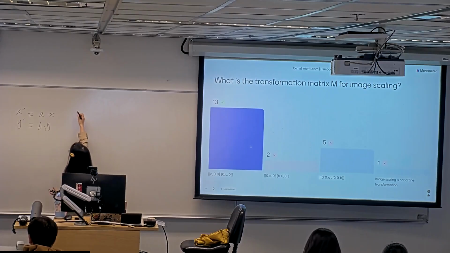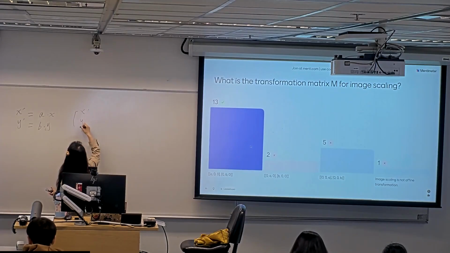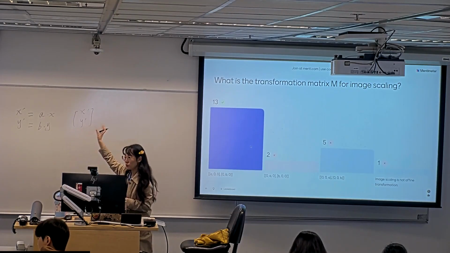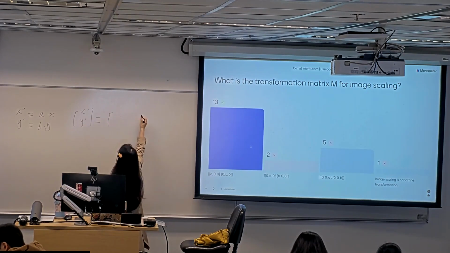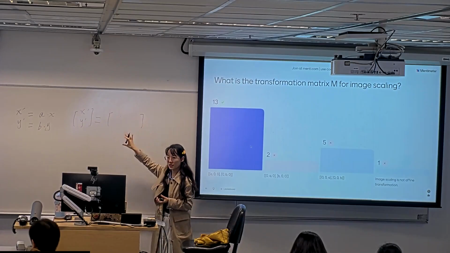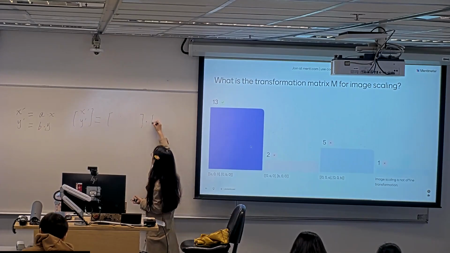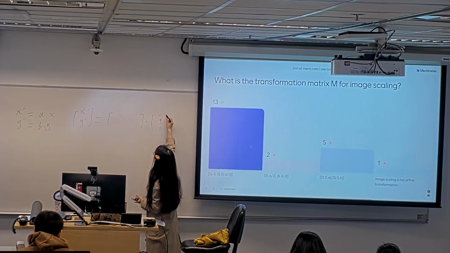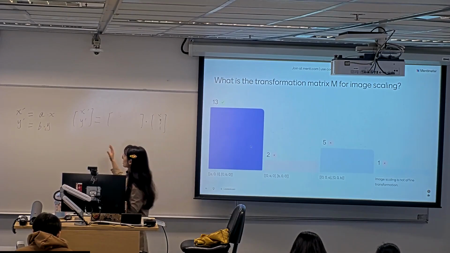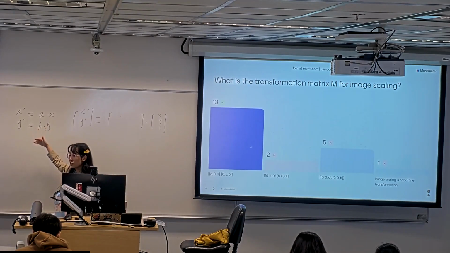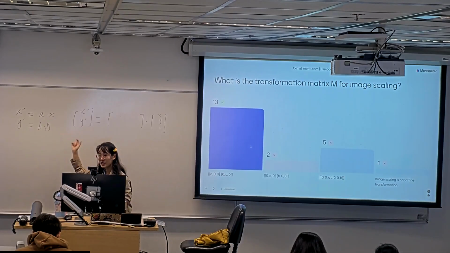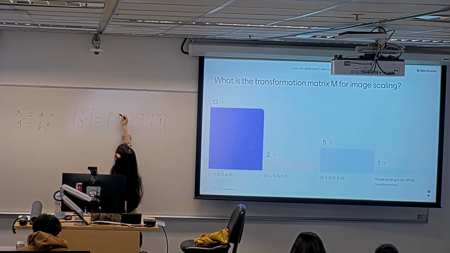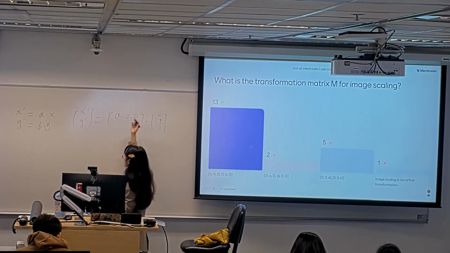After rewriting it, we need to find x prime, y prime, this vector should be M, where big M is a 2×3 matrix, dot product with x, y, 1, right? So rewriting these two equations into matrix multiplication, I believe it's easy to find that it should be a, 0, 0, 0, b, 0.